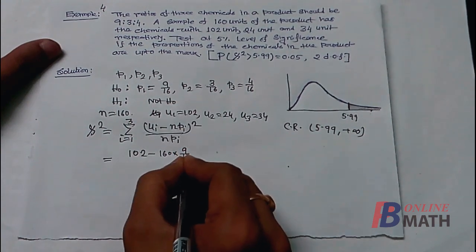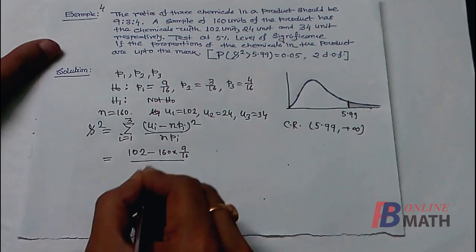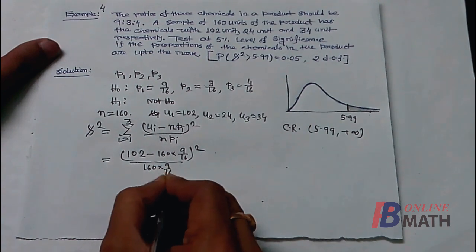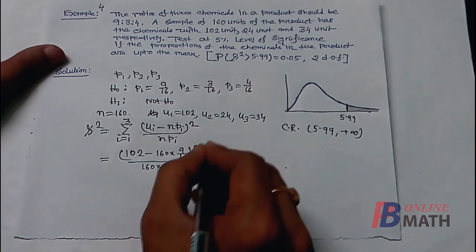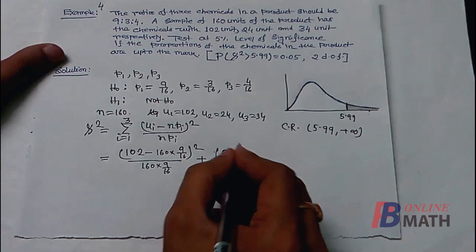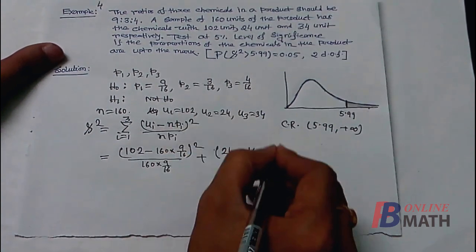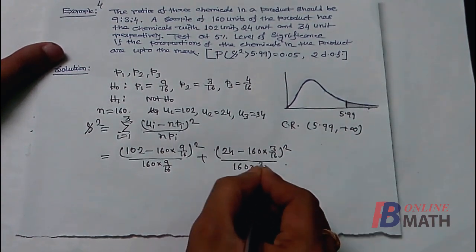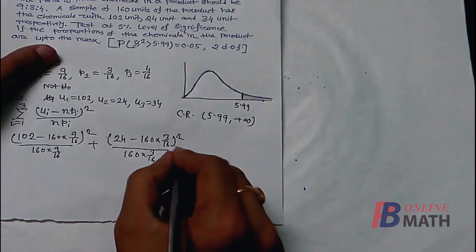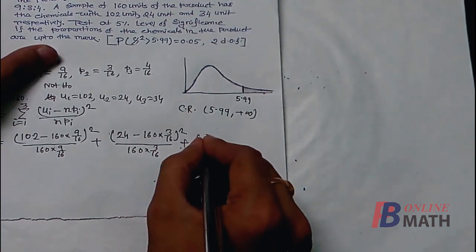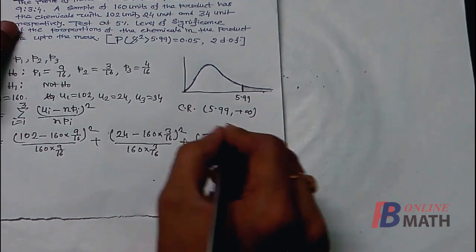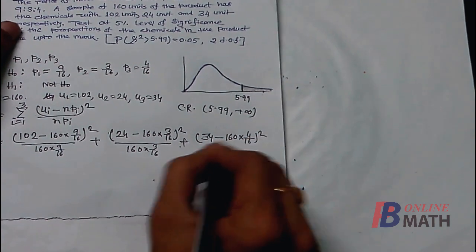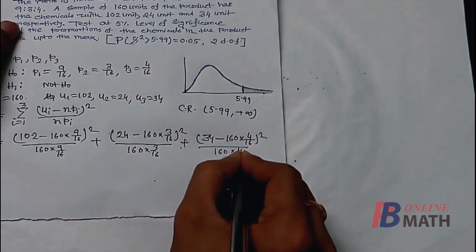P1 is 9 by 16, so (102 minus 160 into 9 by 16) whole square divided by 160 into 9 by 16, plus (u2, 24 minus 160 into p2, which is 3 by 16) whole square divided by 160 into 3 by 16, and similarly for the third one, (34 minus expected frequency 160 into 4 by 16) whole square divided by 160 into 4 by 16.